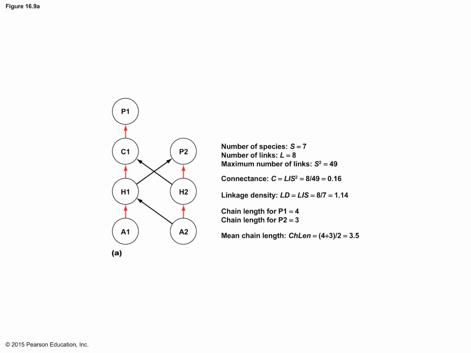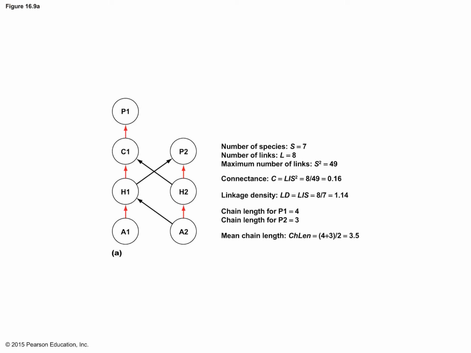We have 2 intermediate herbivores, and we have 2 basal or autotrophic species. So we have a total then of 7 species. And this is going to show us food web connectance, what we call linkage density, and also what's called chain length. The chain length is actually shown by the arrows in red. Okay, that's an important thing to remember. Chain length is shown by the arrows in red.